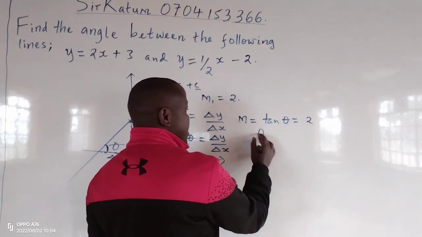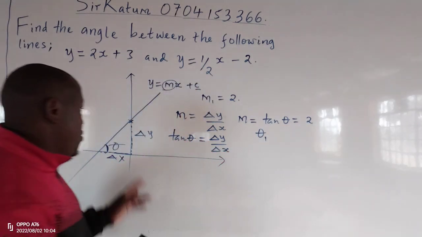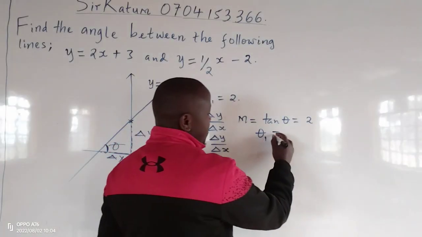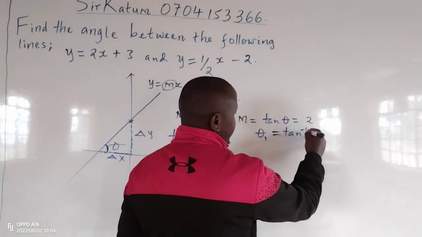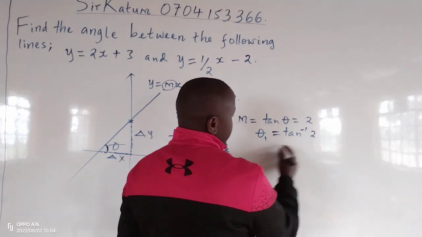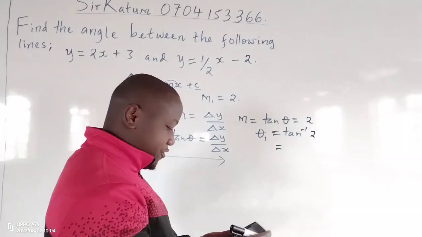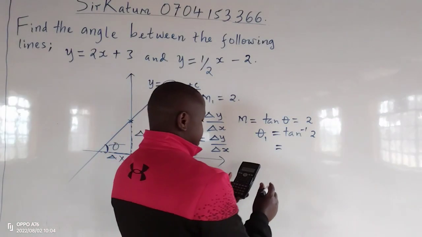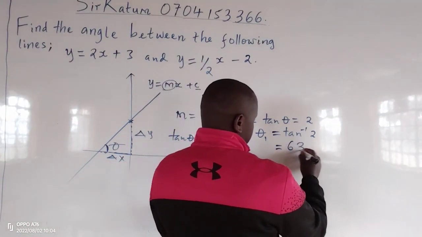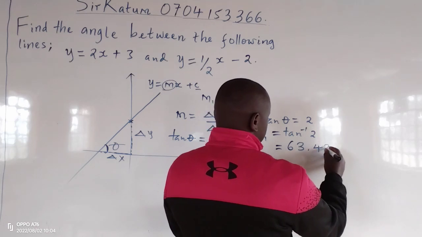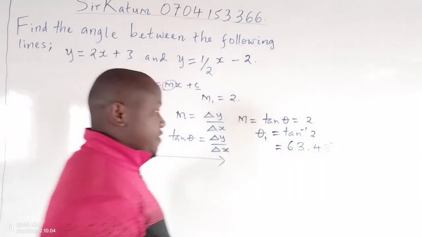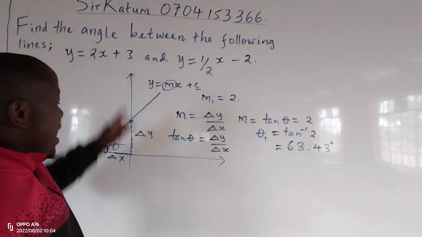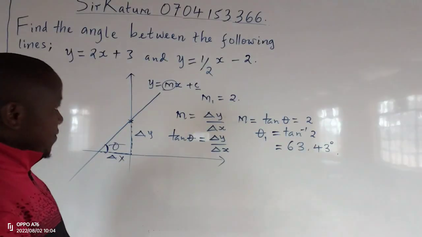Therefore, the angle made by this line and the x-axis is the tan inverse of 2, which gives us 63.43. This is the angle between the first line and the x-axis.